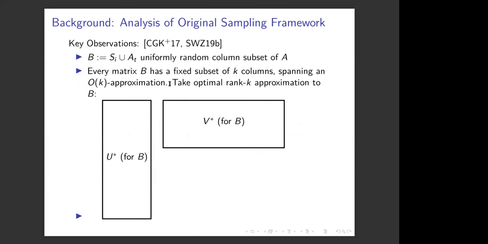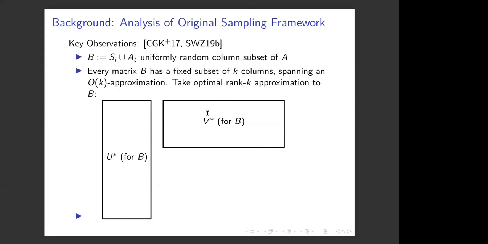So to get that subset of columns of B, what you do is you first take the optimal rank K approximation to B, so U star times V star. And then you look at V star. B has 2K plus 1 columns, so V star is a K by 2K plus 1 matrix.